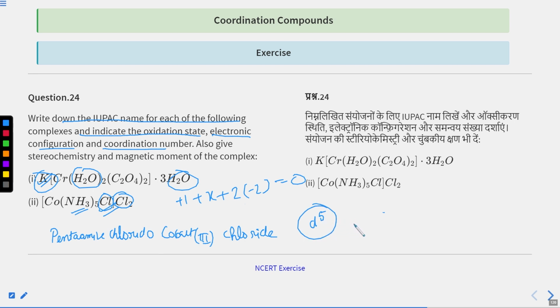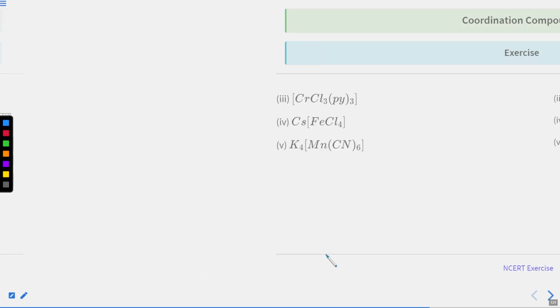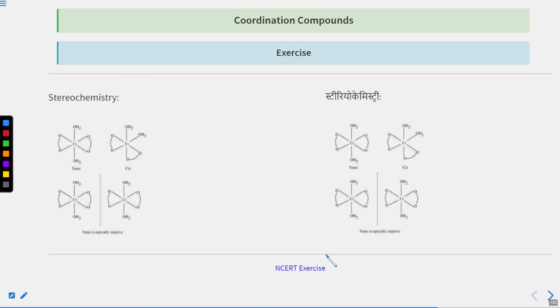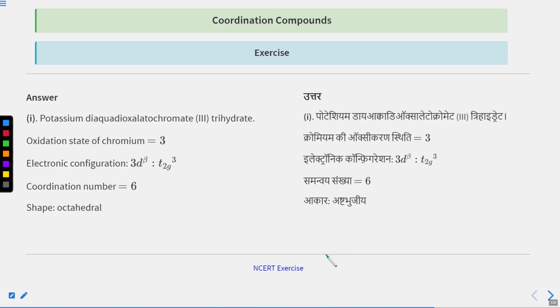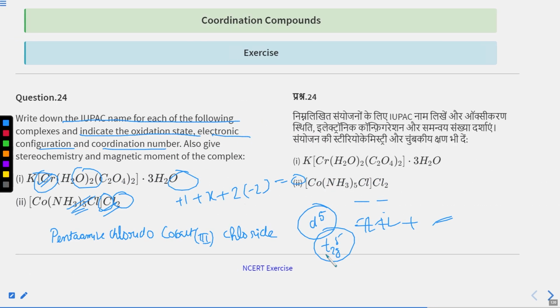Even though ammonia is a weak ligand, because it is cobalt 3+, it will show pairing. So T2g6. You can see here, it is T2g6. Next question.